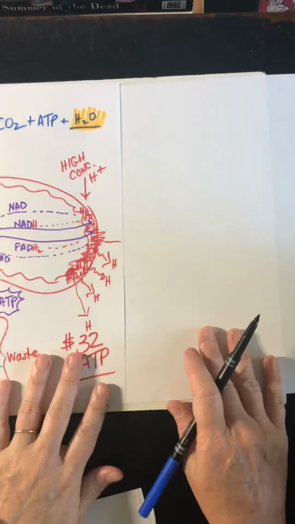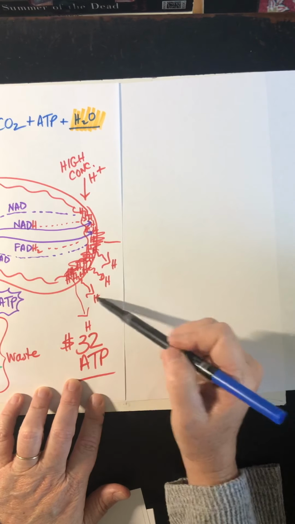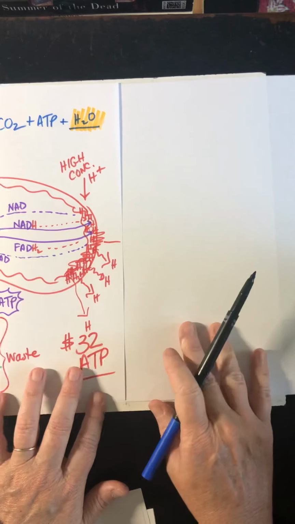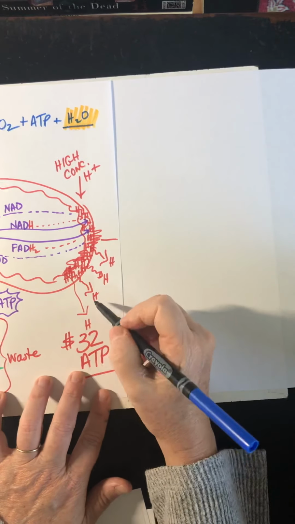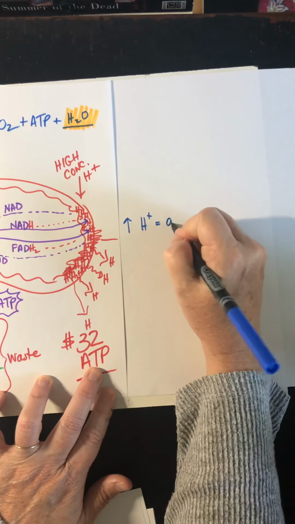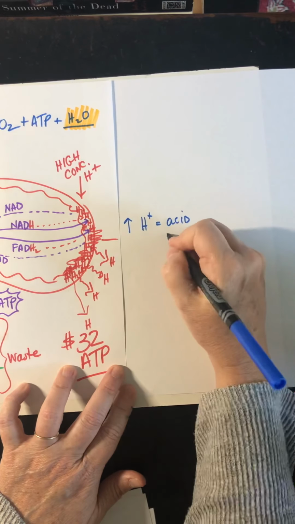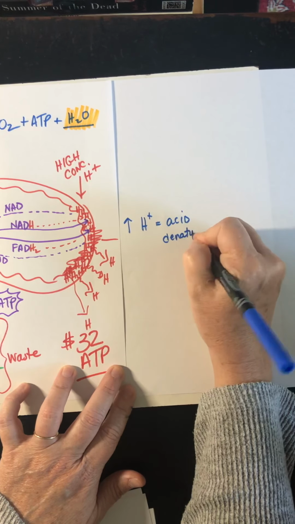All right, right here on this last step, okay? This hydrogen is diffusing into the cytosol. You should remember by now that high levels of hydrogen equal acids, okay? You should also remember that acids can denature enzymes.